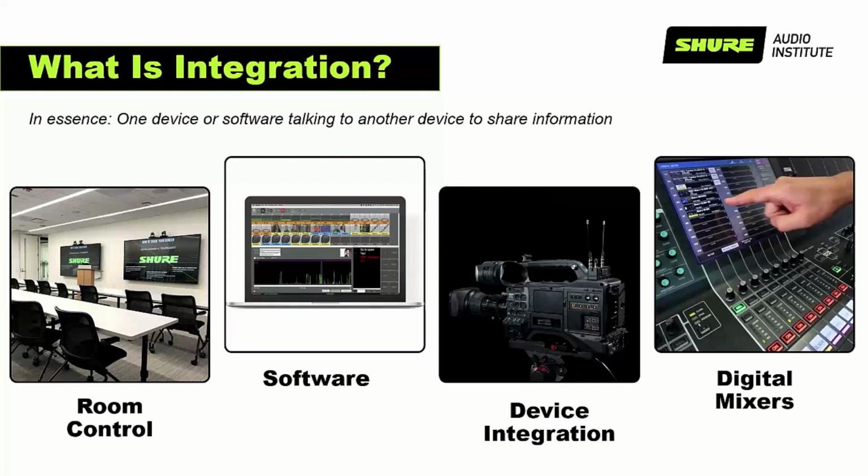If you're dealing with audio-visual installations, you would be integrating Shure products with a control system to manage things like battery monitoring, monitoring of our RF levels within that space, and performing some basic functionality like gain adjustments or channel muting.